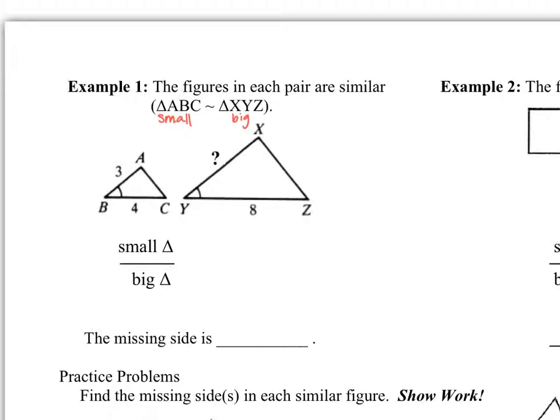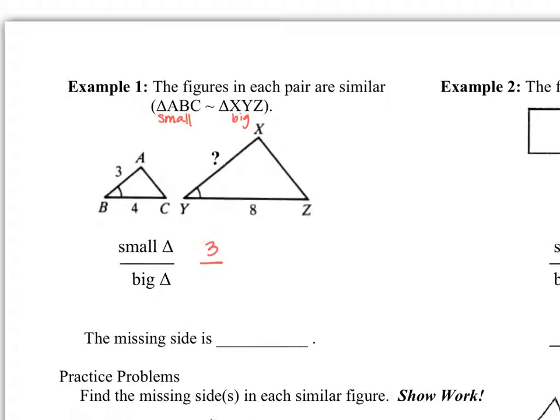So if I'm starting with the small triangle, what's one of the measurements in the small triangle? Well, we have two of them. We'll just pick one of them. So I'll pick 3. What does 3 correspond to? This is where the matching of the sides is very important. If 3 from the small triangle is this side AB, what corresponds to this side over here? AB matches with XY.